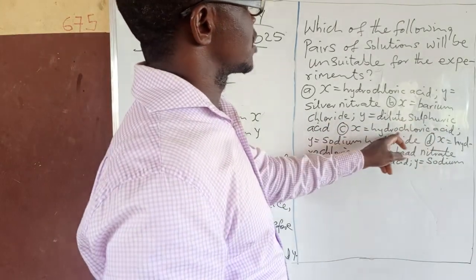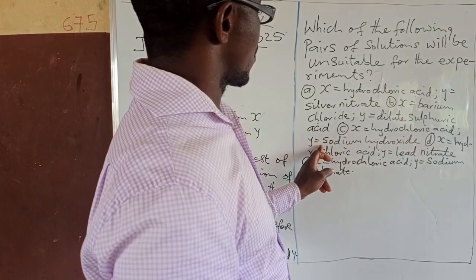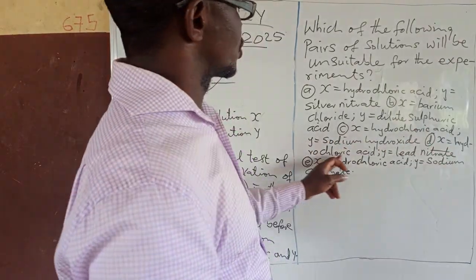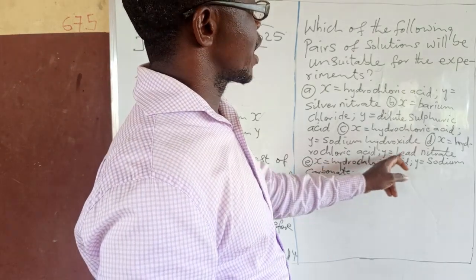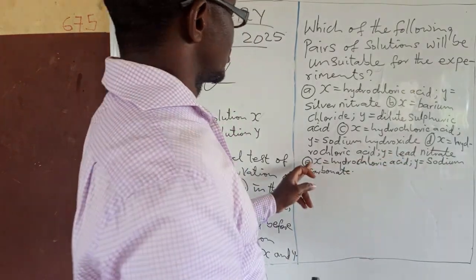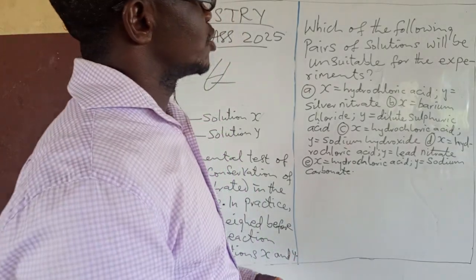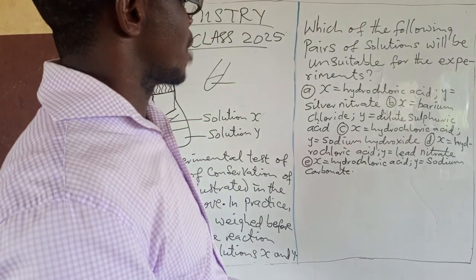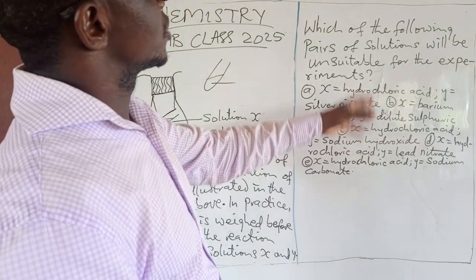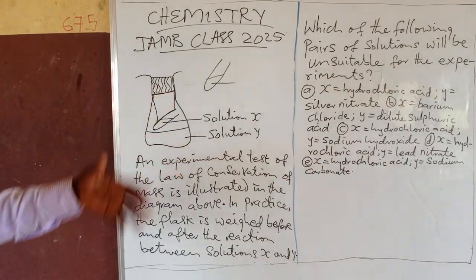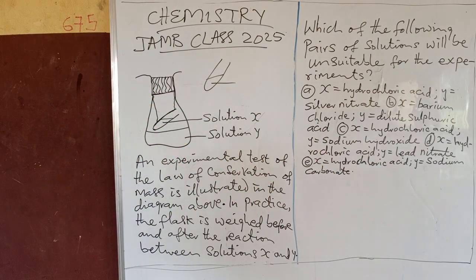C, X is hydrochloric acid, while Y is sodium hydroxide. D, X is hydrochloric acid, while Y is lead nitrate. E, X is hydrochloric acid and Y is sodium carbonate. Which of these is not suitable for you to use and carry out this experiment?